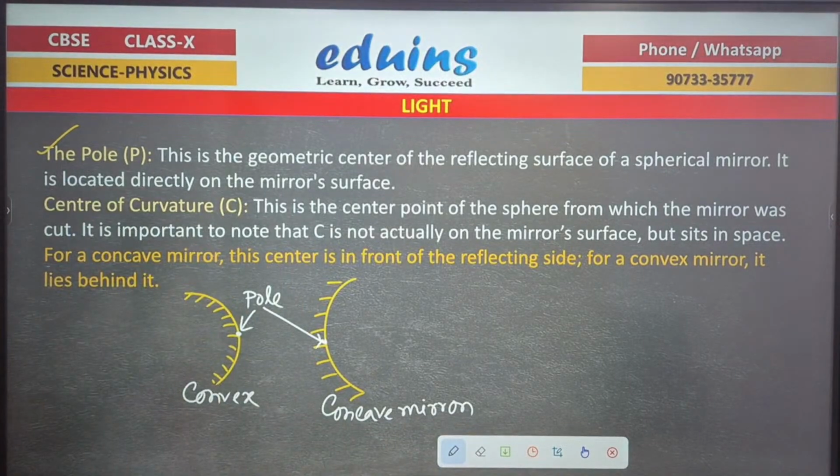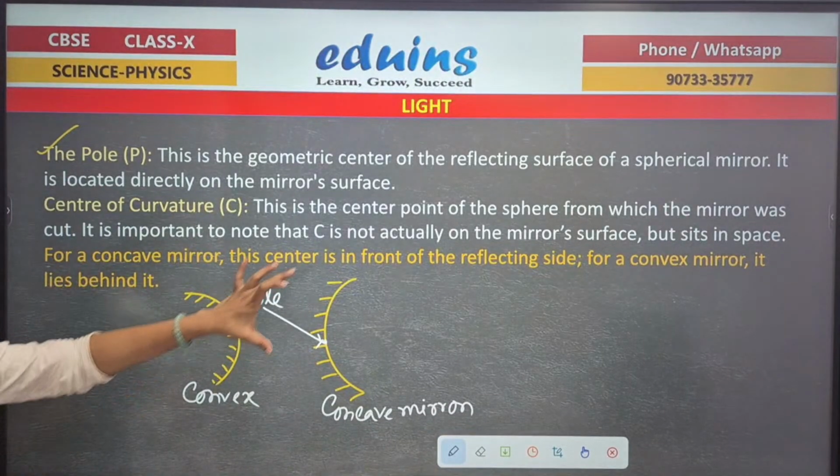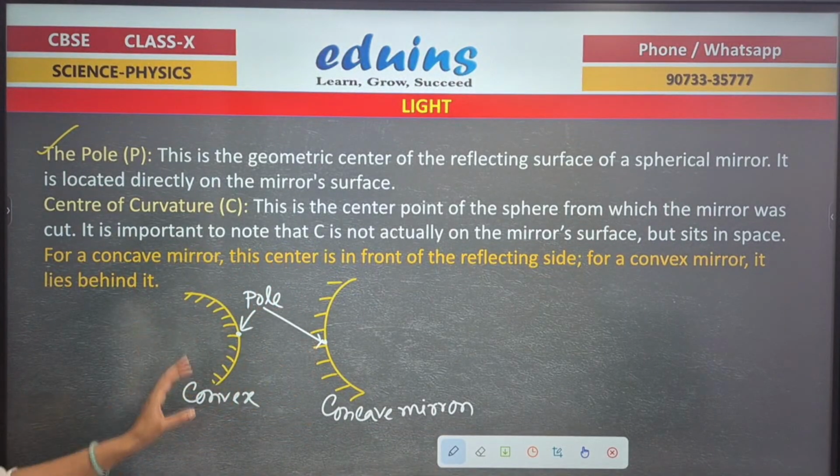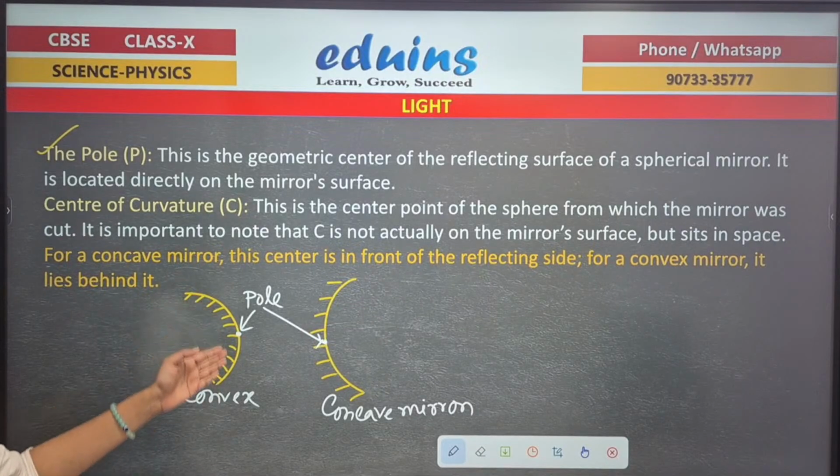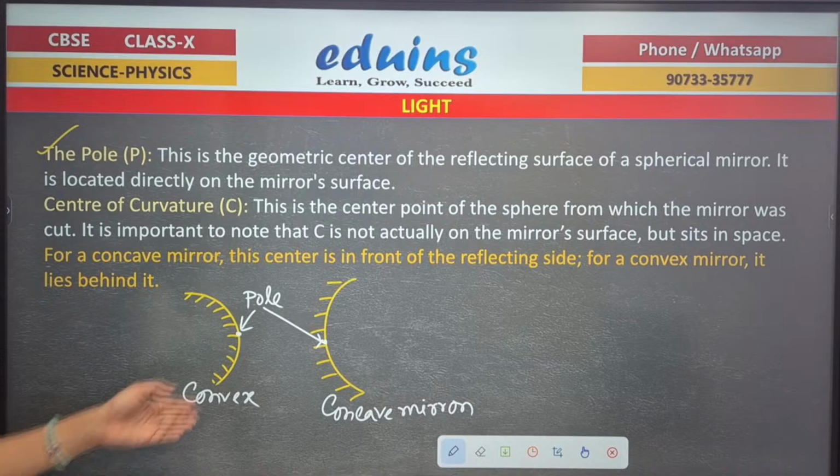The geometrical center, or the middle point of the reflecting surface, is called the pole of the spherical mirror. For the convex mirror this is the picture and the other picture is for the concave mirror.